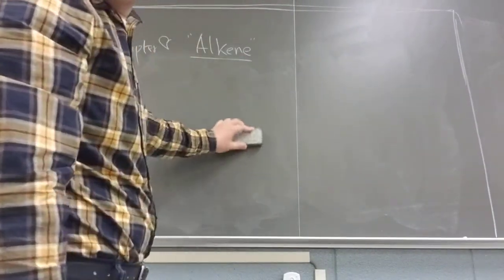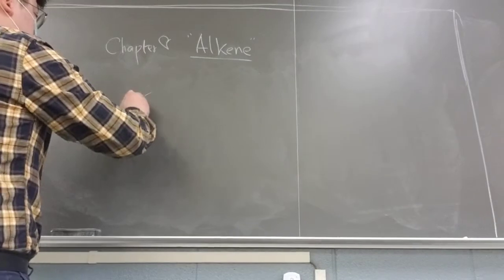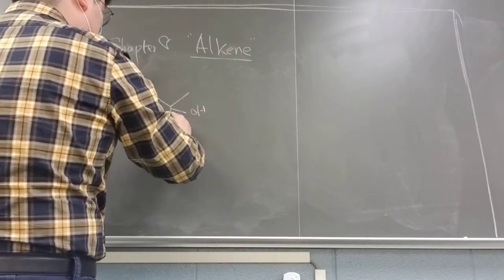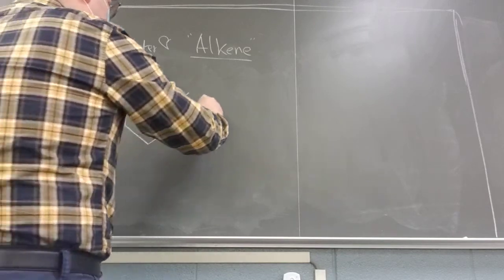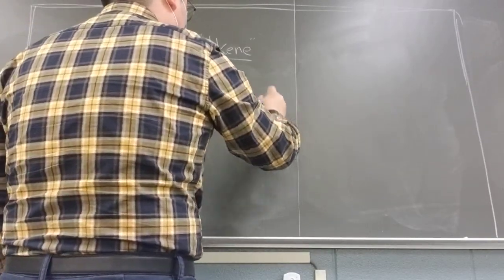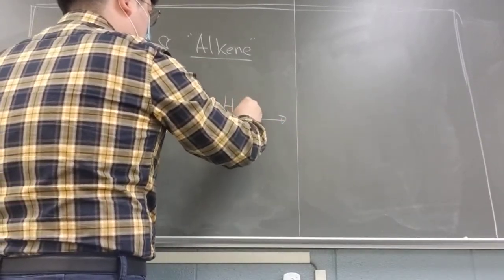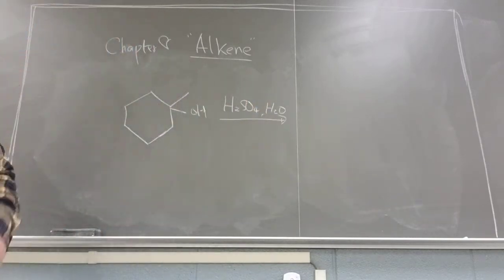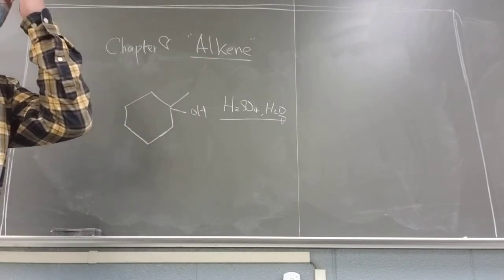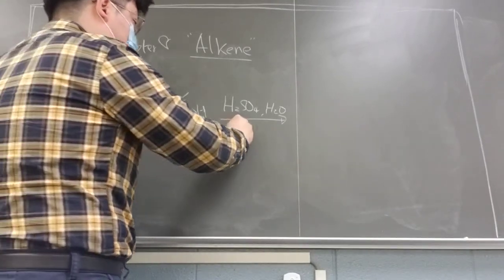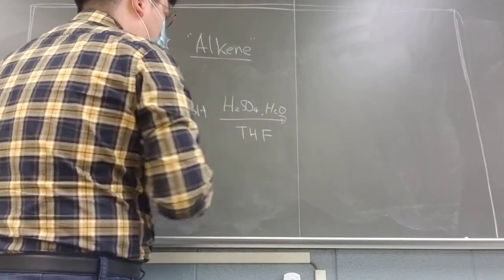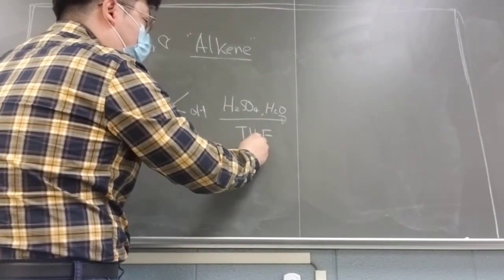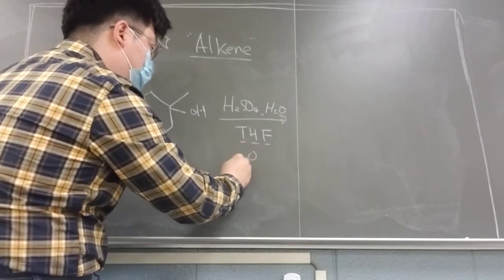Okay, the next is this one. Sometimes you can treat an alcohol compound with a very strong acid solution, with this, which is also a common organic solvent. We call this tetrahydrofuran. This is what it looks like.